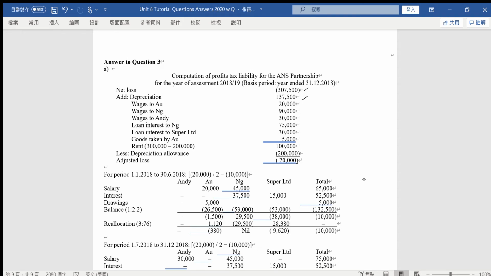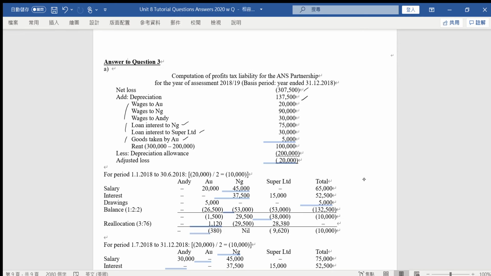All the wages should be added back. One more is the loan interest paid to Mr. Ng and Super Limited, which should also be added back.